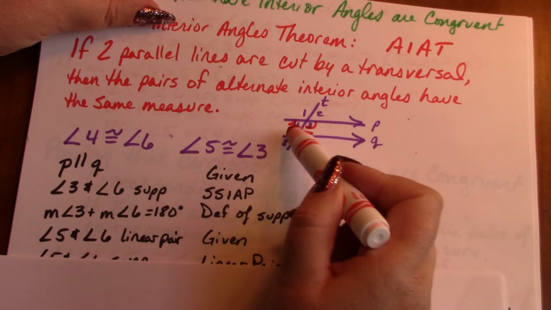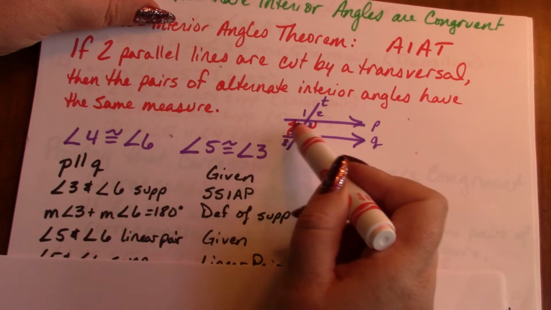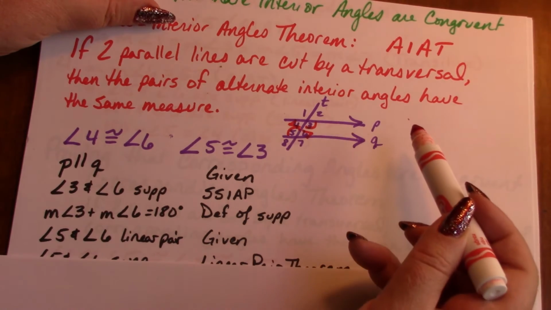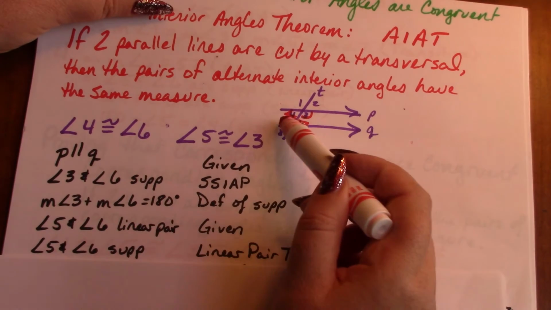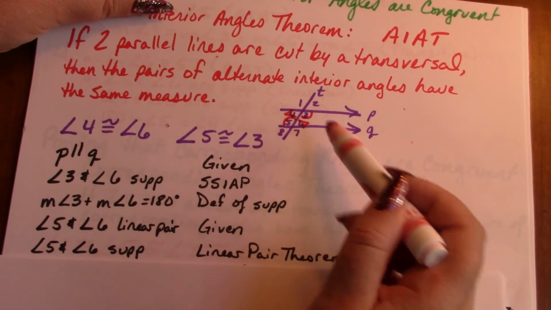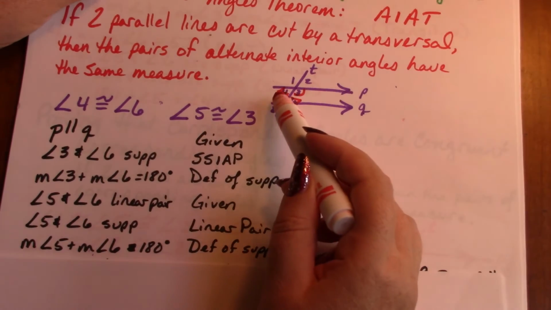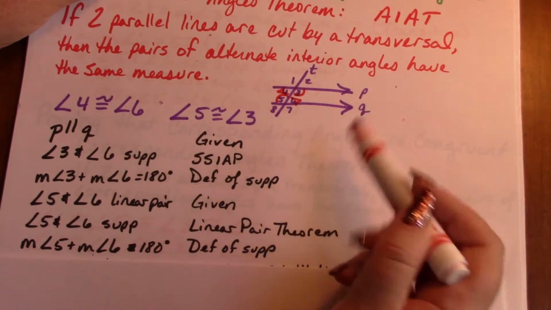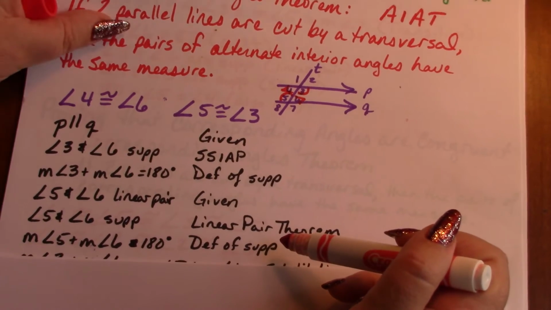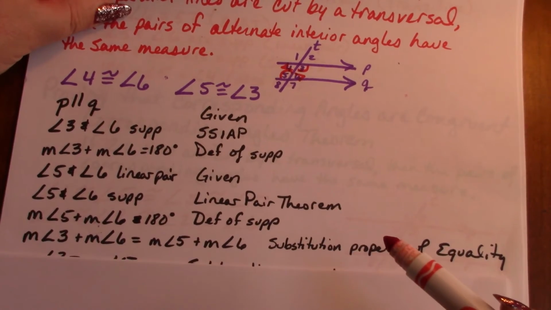We know that angle 5 and angle 6 are a linear pair. That's given in the diagram. And that makes them supplementary because of the linear pair theorem. So that means the angle 5 plus angle 6 is going to equal 180 degrees. That's the definition of supplementary.